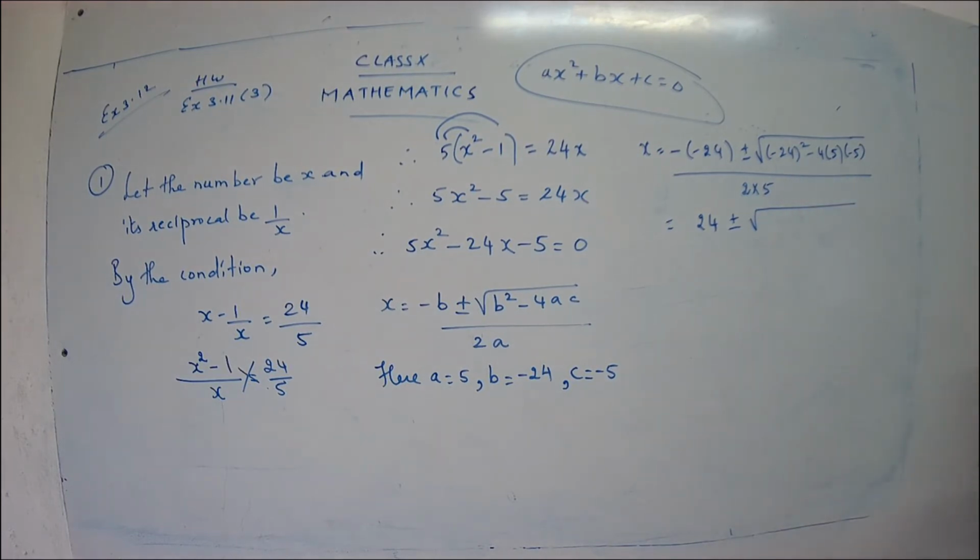What is minus 24 the whole square? Let's see here. So 24 into 24, minus minus will become plus. So what is 24 into 24? Find out the answer. Come on, get the answer, children.